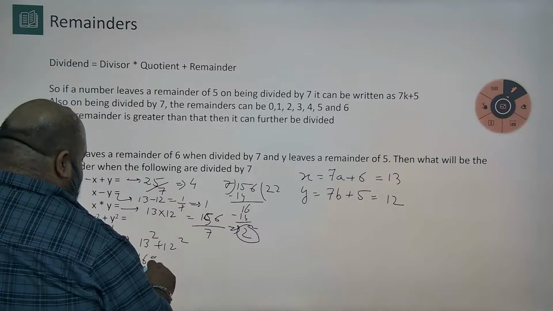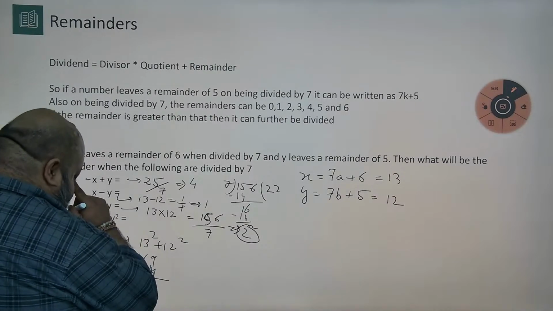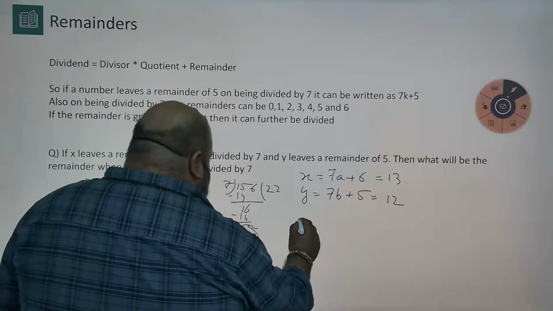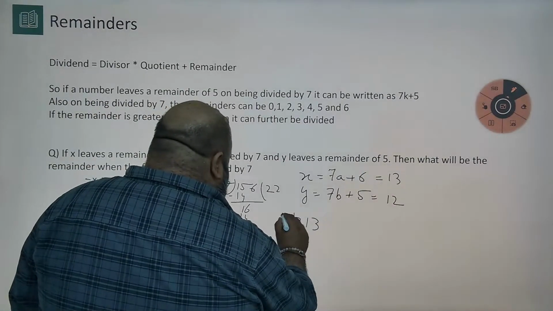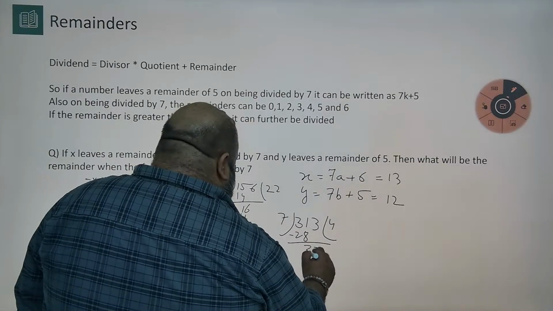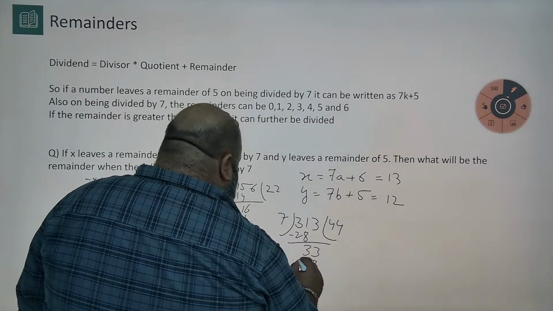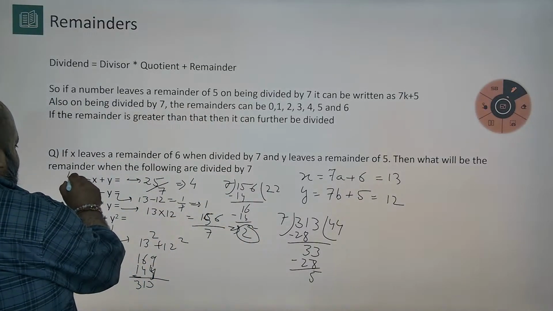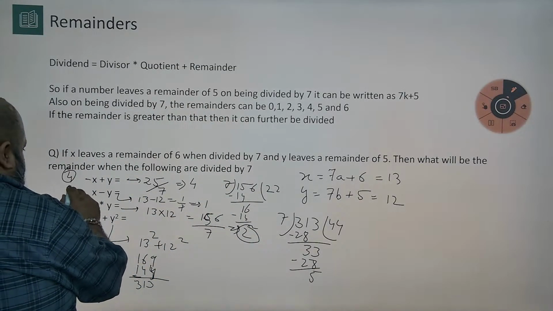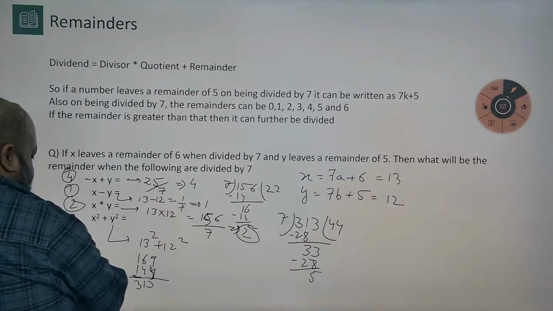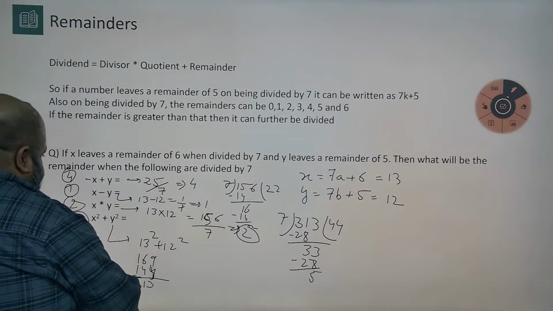So 169 plus 144. This becomes 313. If I divide that by 7, 7 44s are 308, a remainder of 5. So basically the remainders that I'm getting are 4, 1, 2, and 5.